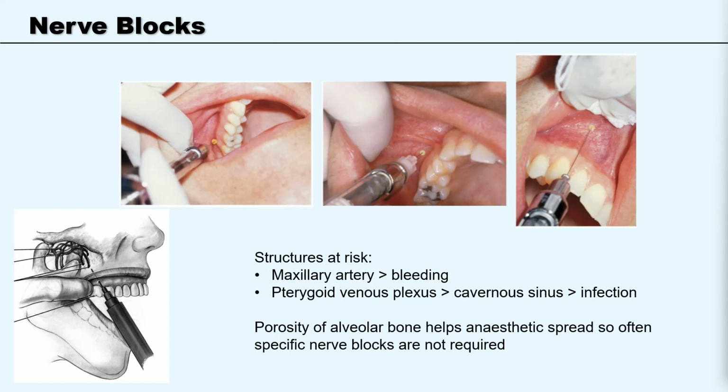For example, piercing the maxillary artery will cause bleeding. This would be problematic in haemophiliac or anticoagulated patients. You may also inadvertently introduce infection to the pterygoid venous plexus, which we saw back in Introduction to the Oral Environment, communicates with a cavernous sinus which is located inside the cranial cavity.